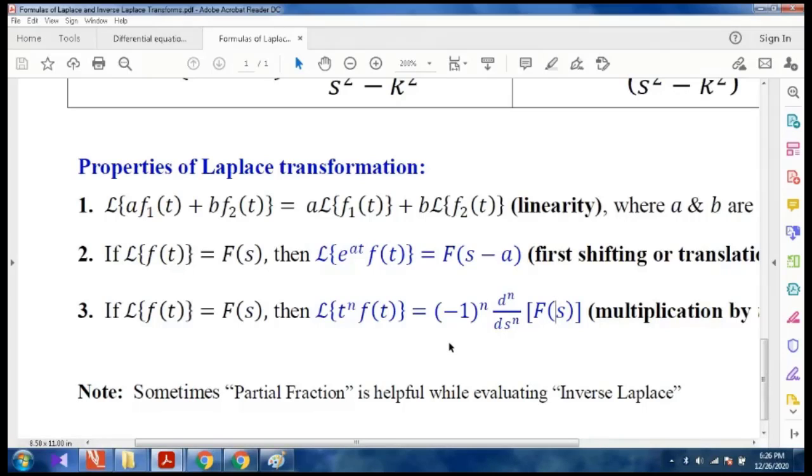Yes, sir. The similarity between these two properties can be easily understood: both are dealing with multiplication type problems, but on the right side the result comes up with different functions.